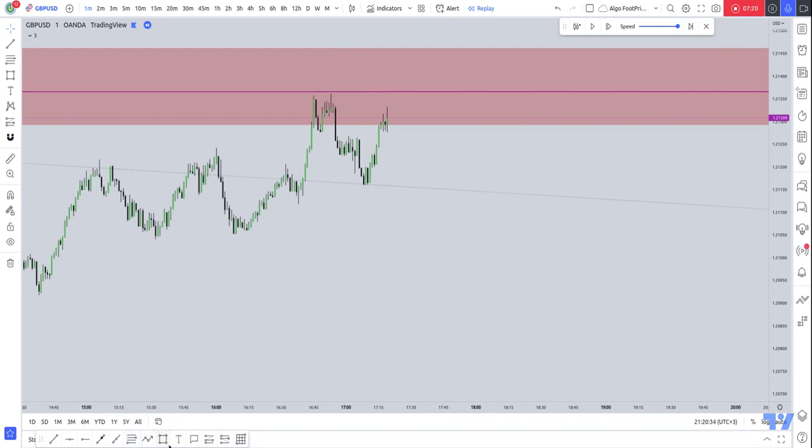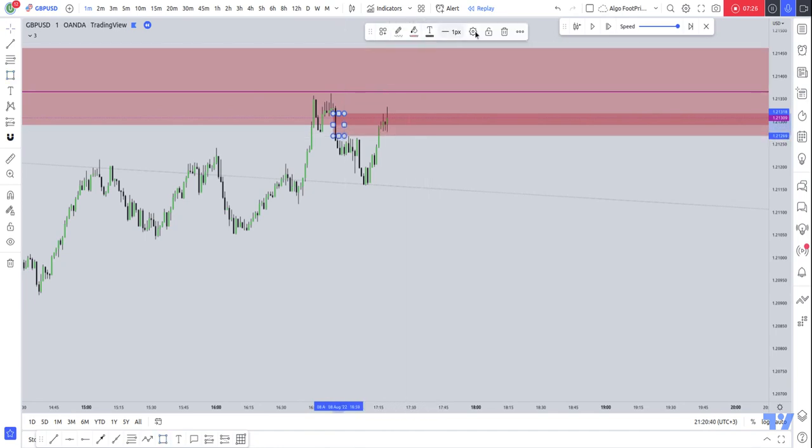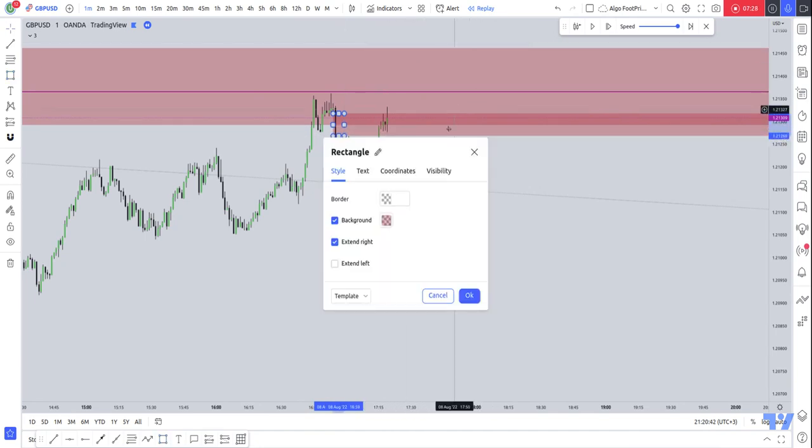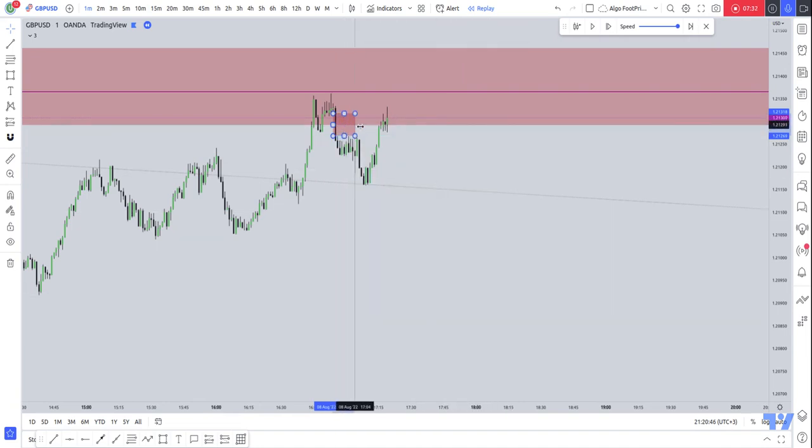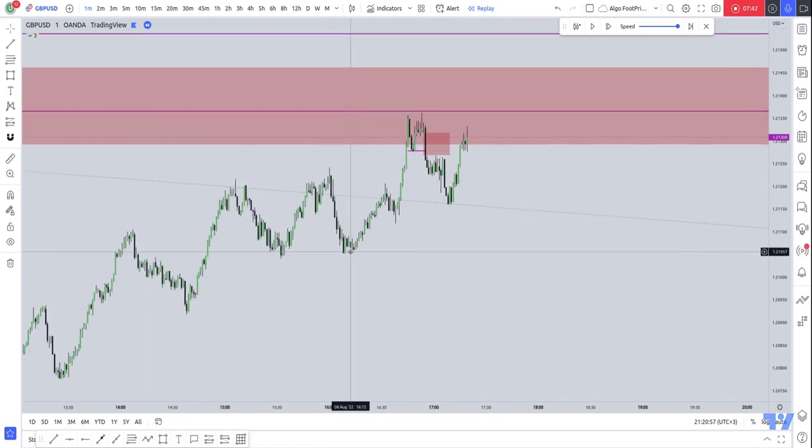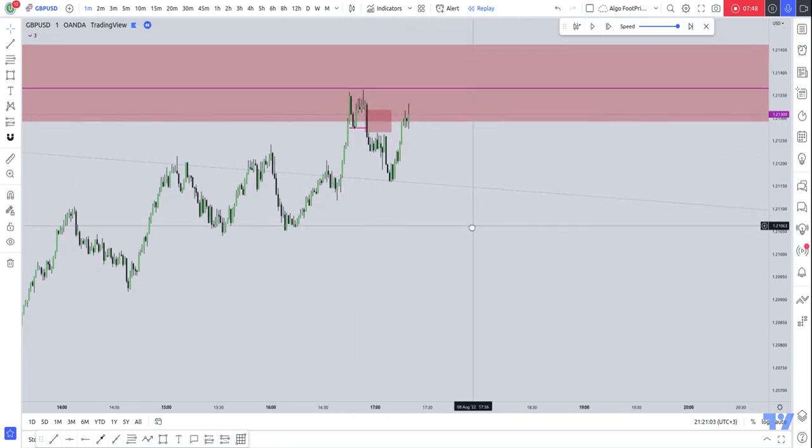So on M1, first of all, we have this gap. Can you see it? We have this gap. We have this short-term break of market structure. Okay, so that is 1, 2, and 3.